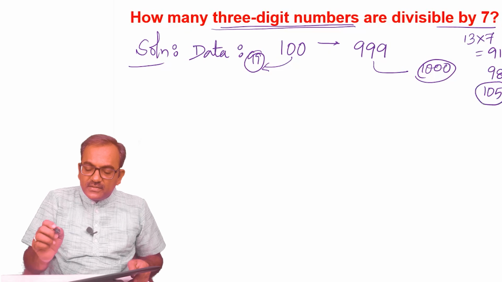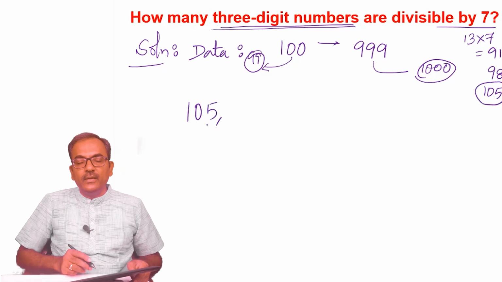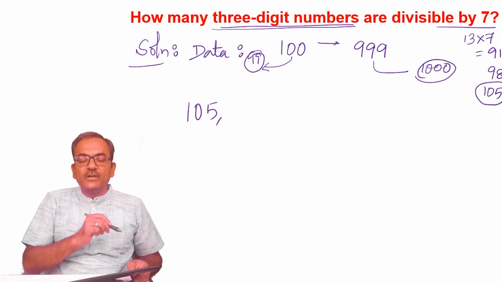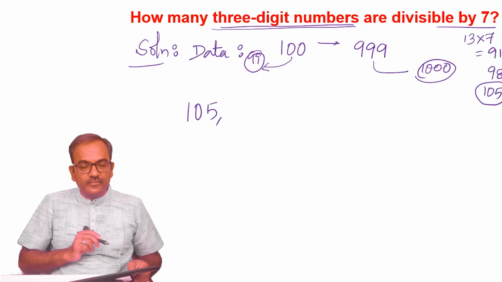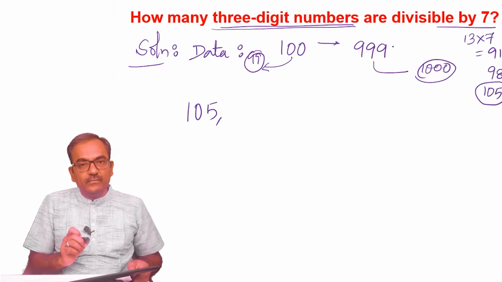So the first 3-digit number that is divisible by 7 is 105. The previous 7 multiple is 98. It is omitted just because it's a 2-digit number. Is that clear, children?